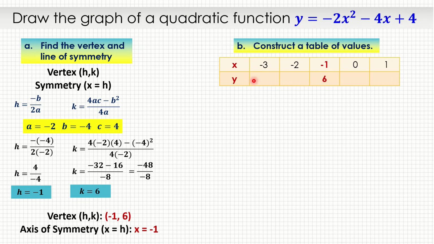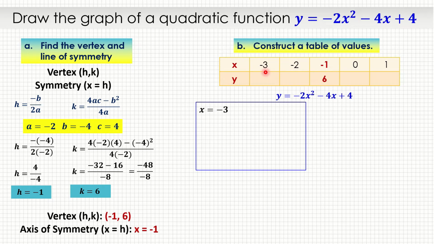Now, let us find the value of y using the values of x here. Using the equation y is equal to negative 2x squared minus 4x plus 4, let's use the first value of x, which is negative 3. Substitute it to our equation to find the value of y. So we have negative 2 times the square of negative 3 minus 4 times negative 3 plus 4.